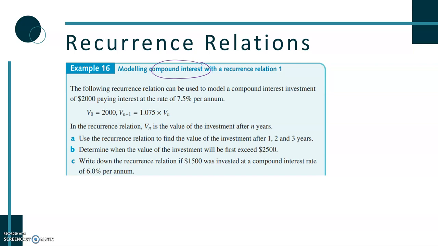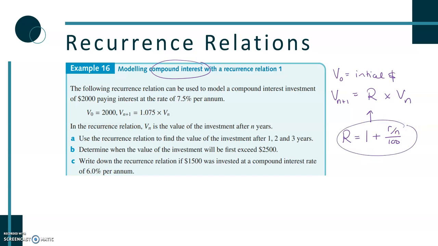We're always looking at V0 being the initial amount, and Vn plus 1 will be R, big R, times Vn. And the key thing to remember is that our big R, in the case of an investment, is 1 plus our interest rate over any compounding periods over 100. So that's our key little piece of information.